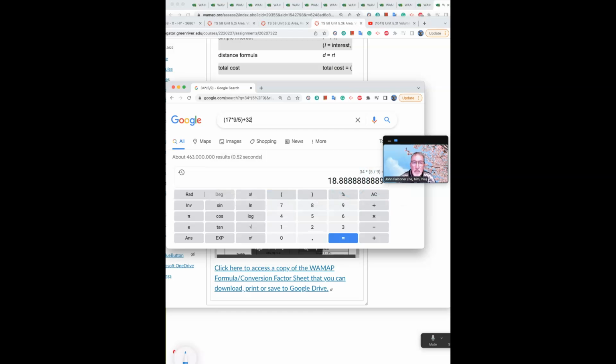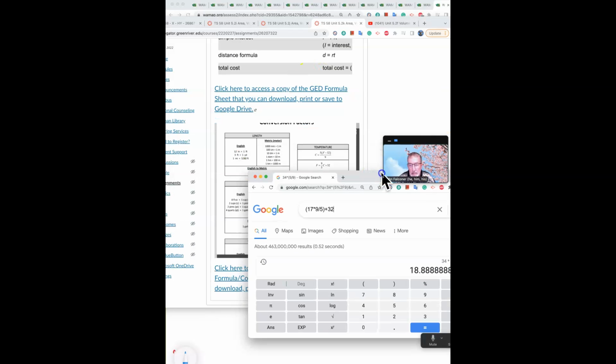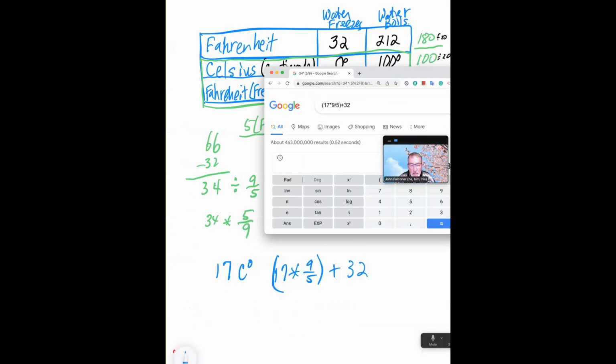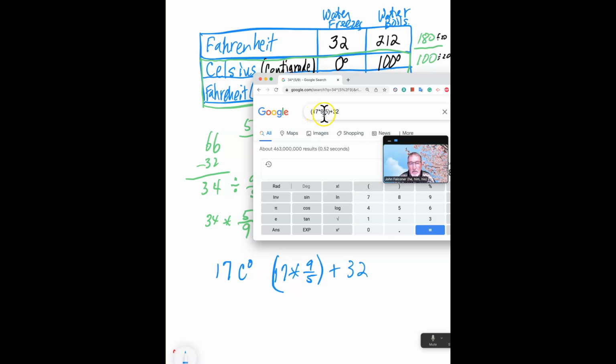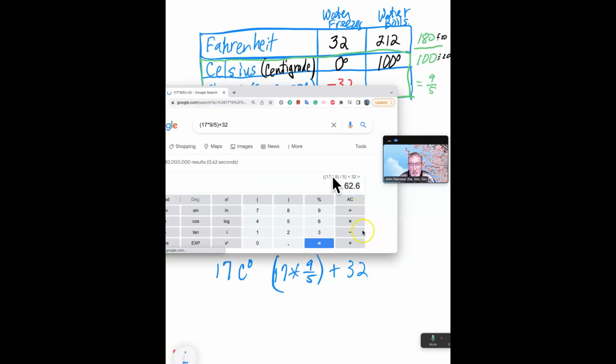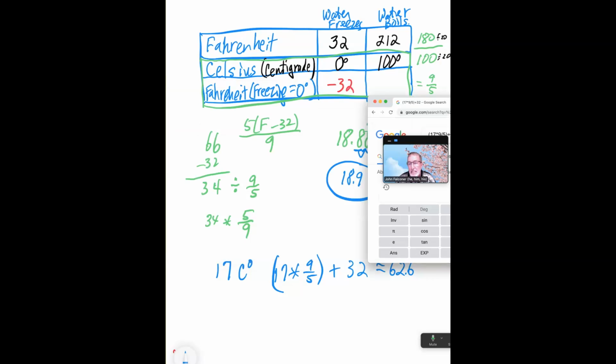So here we need to hit enter. We have 17 times 9/5 plus 32. And we'll hit enter. And that should give us our answer. We got 62.6. And we're assuming that's an even 62.60.